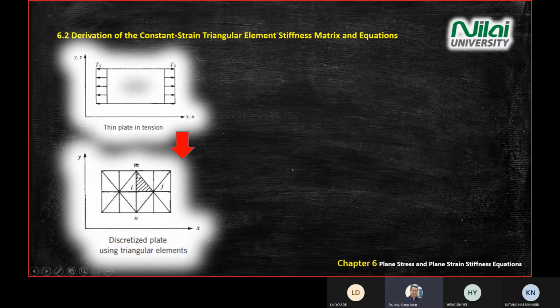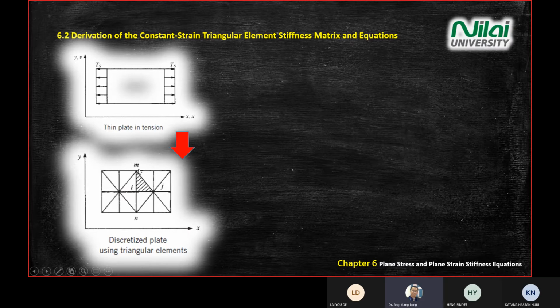Okay, I, J, and M. N is the number of elements, the number of triangles. So from this point onwards, be careful of the direction that we use for the triangular element. We start at the bottom, go to the right, and then go up.